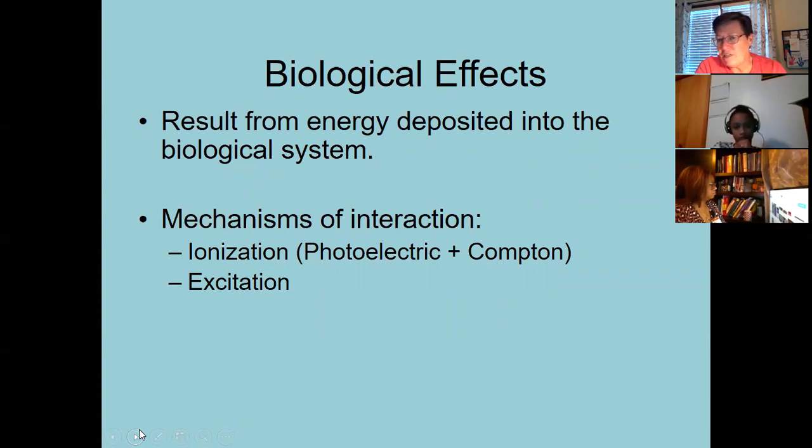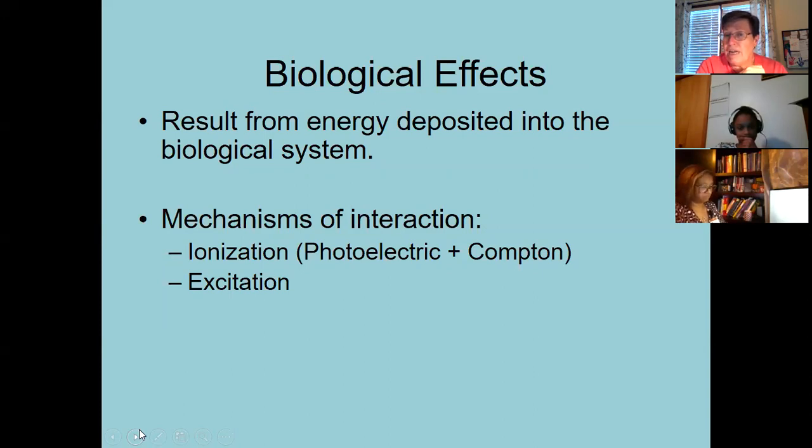And that energy that's deposited can result in biological effects. We know that biological effects can be harmful. So it's important that we have an understanding of what's happening so that we can hopefully minimize these biological effects.